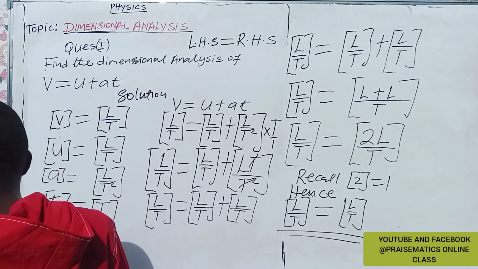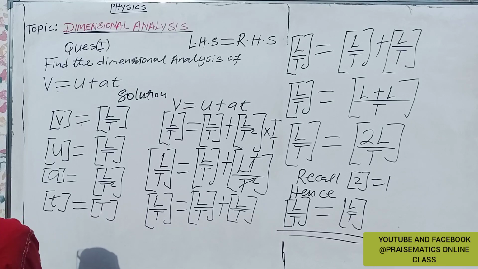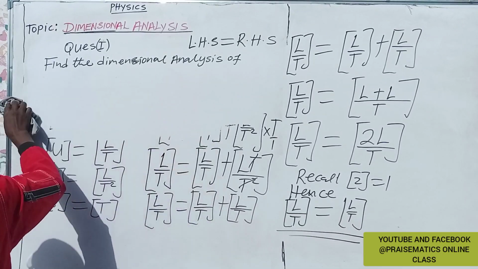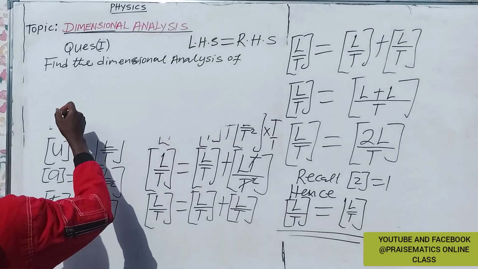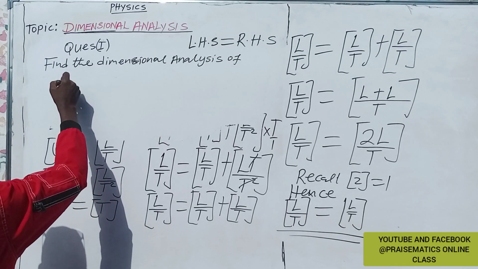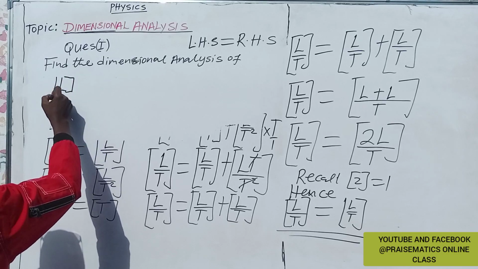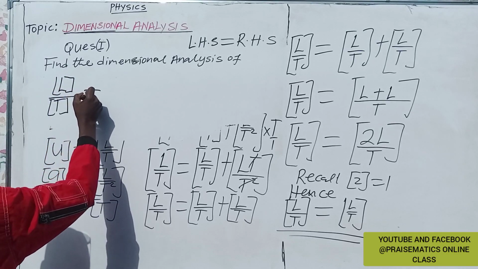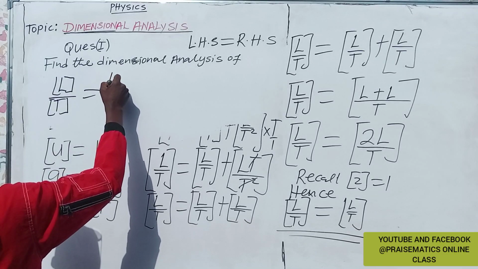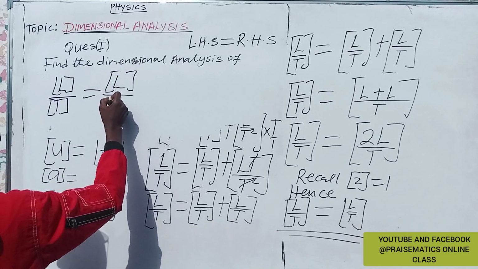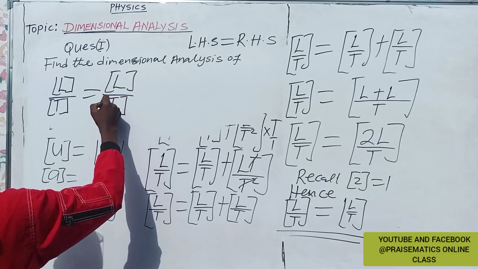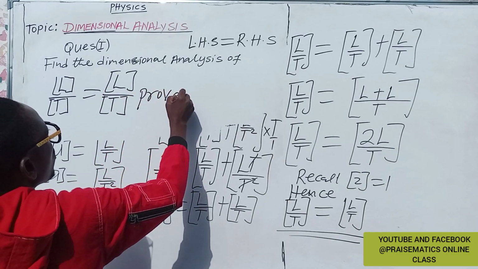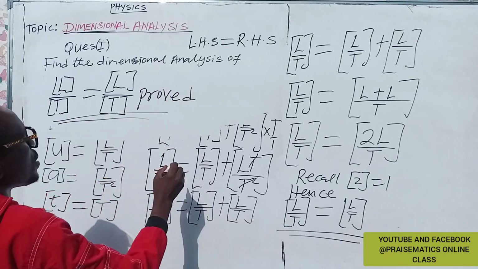In other words, the dimension of L over the dimension of T is equal to the dimension of L over the dimension of T. So we have proved it. They are equal. Proved.